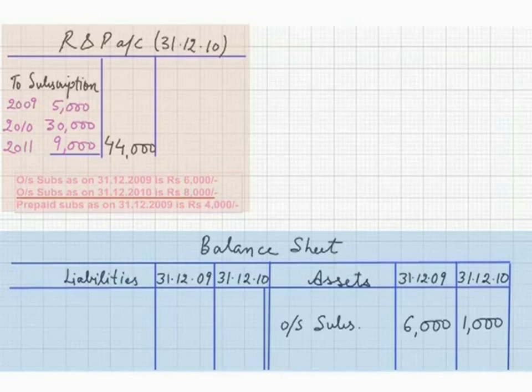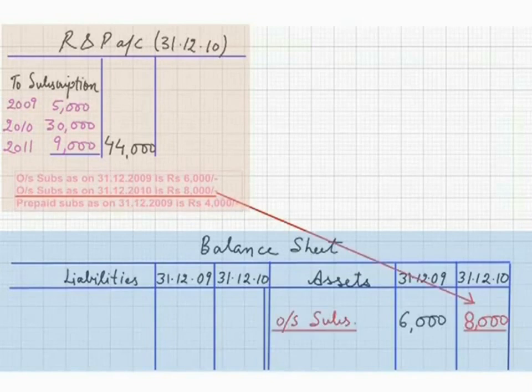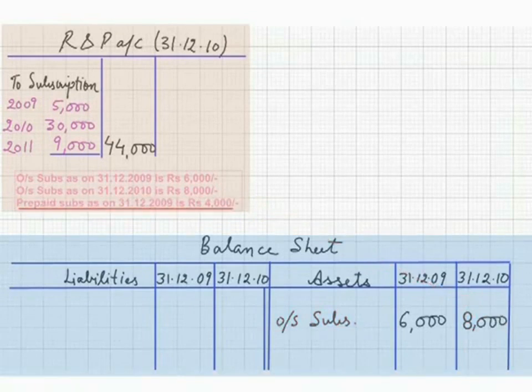It means there were two outstanding subscriptions, for 2009 and for 2010, I mean the current year: 1,000 for the last year and 7,000 for the current year. So in this way, outstanding subscription as on 31st December 2009 is 6,000 rupees and as on 31st December 2010, that is 8,000 rupees.